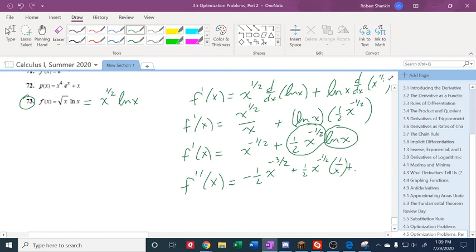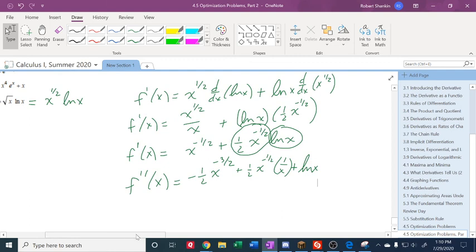Plus the second times the derivative of the first. If I take the derivative of the first, I get negative 1/4 x to the negative 1/2 minus 1 is negative 3/2.